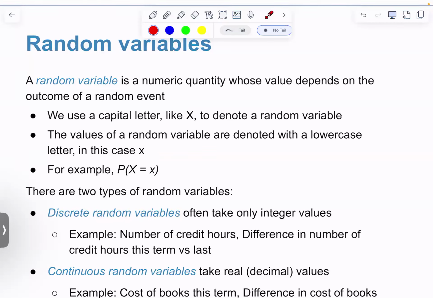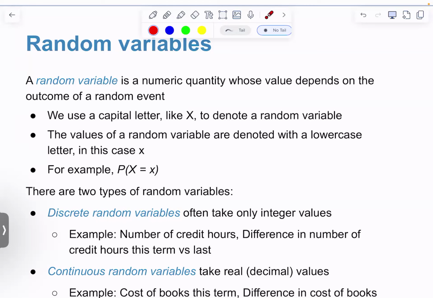So for example, we're going to be able to say the probability that a random variable equals a specific outcome. A common example is you roll a six-sided die, then this capital X is the roll of the die, and the probability that you roll a 1, for example, is 1 in 6, for a fair six-sided die.